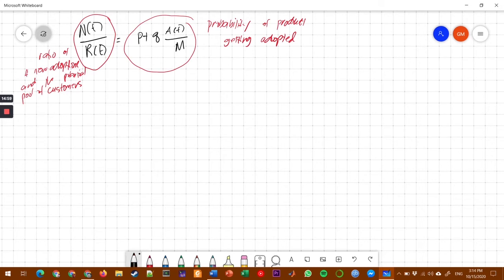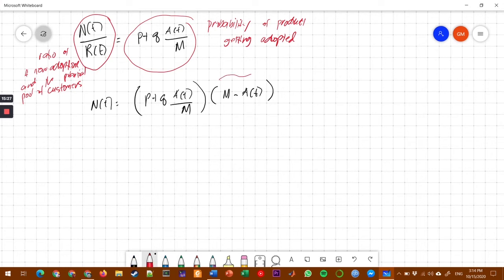Okay, let's do some manipulations here. We can get n of t by cross multiplying. So we have p plus q a of t over m multiplied by this r of t. Now r of t, we already defined as the market size minus the number of customers who have already adopted. Now we distribute this.